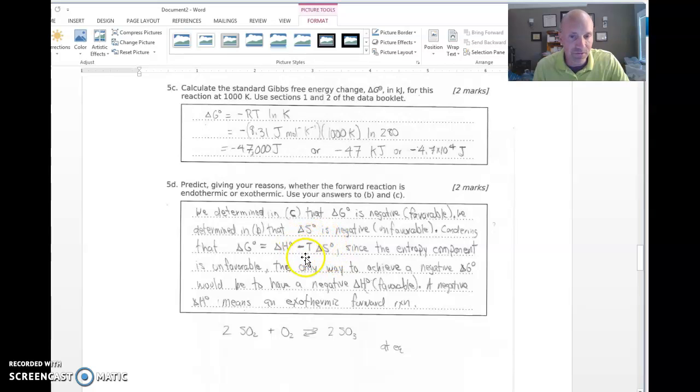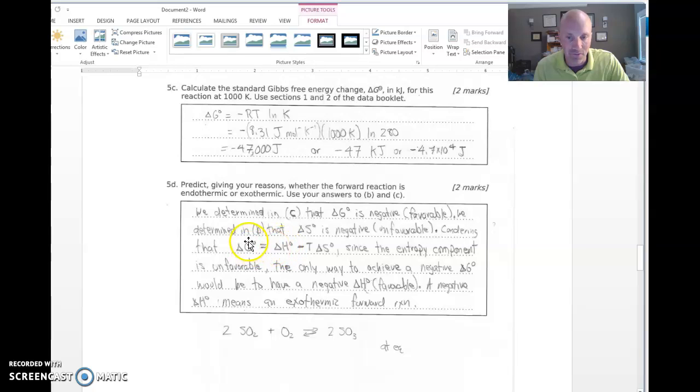If it were only for this part of the equation, that would be unfavorable for the forward reaction to occur. So if we know overall it's favorable, but this part of it is unfavorable, the only way that can happen is if this part of the reaction right here is favorable. For this to be favorable, this has to be negative.